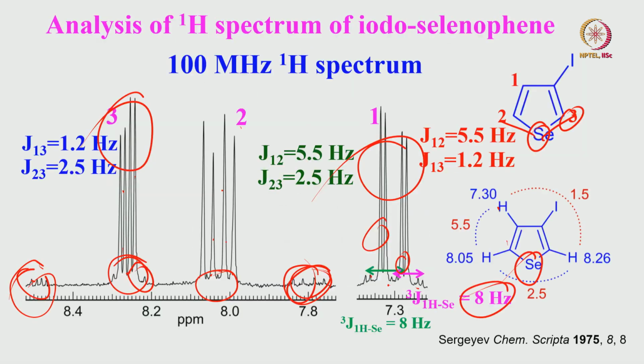So I gave an example today about how we can analyze the proton spectrum in this class about heteronuclear coupling. So far we were analyzing homonuclear spectra. Now I showed you how we can get heteronuclear coupling.